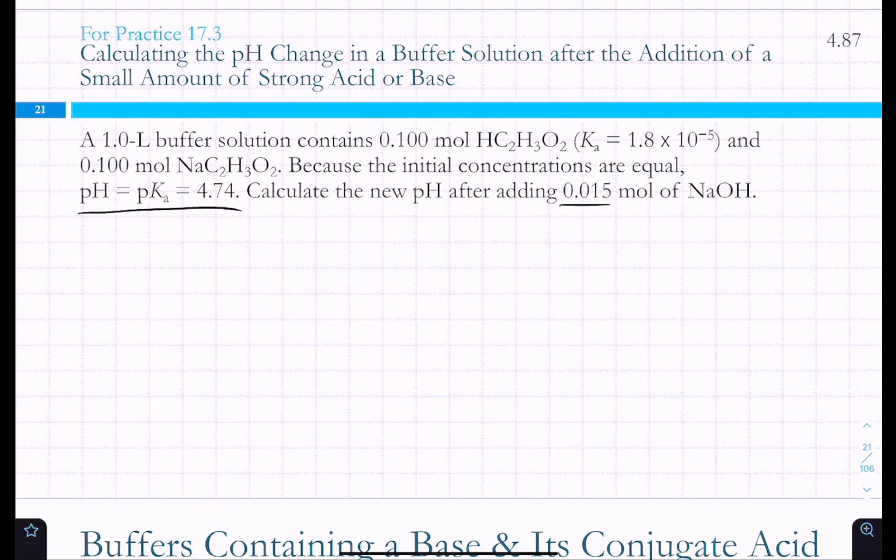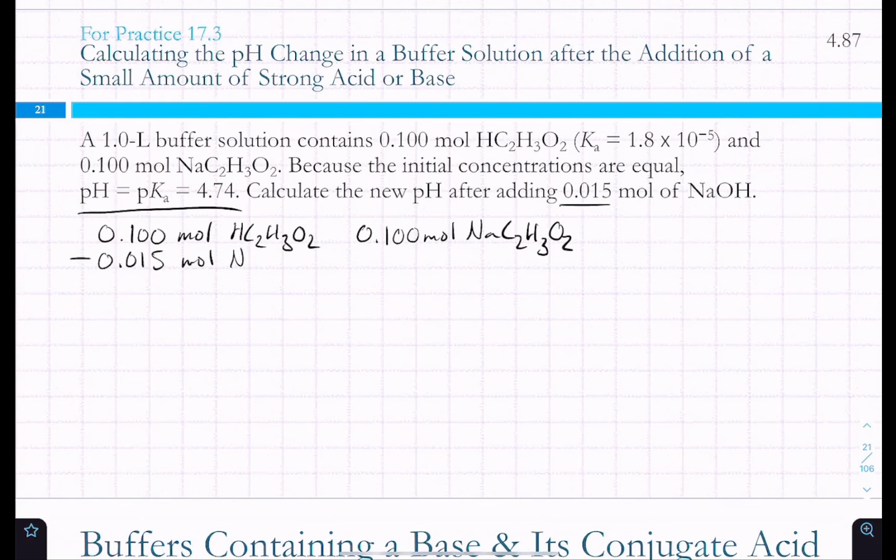So we're going to take our 0.100 moles of acetic acid. How does adding 0.015 moles of sodium hydroxide change your concentrations? What happens to the acetic acid? Decreases. All right, so it's going to decrease by that amount, because it's a strong base.